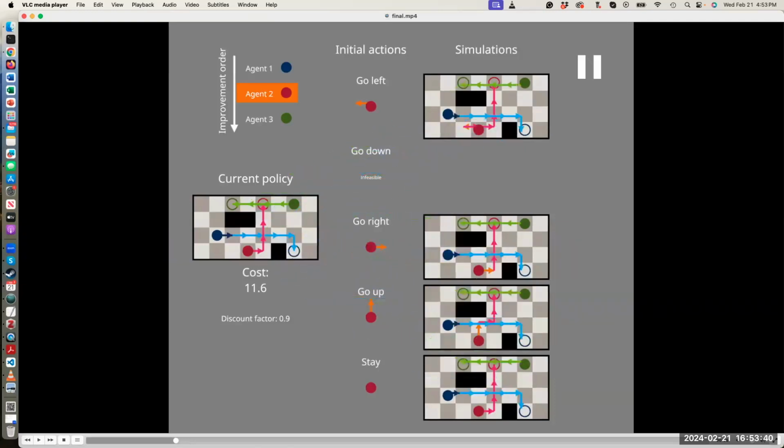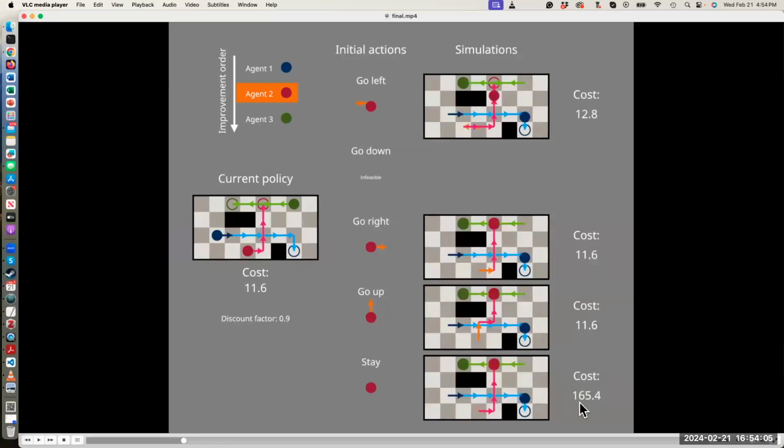And notice that here is a subtle difference. For agent 1, since the previous step has already calculated its present action, agent 1 only follows the previously determined path, whereas agent 3 simply follows the base heuristic.